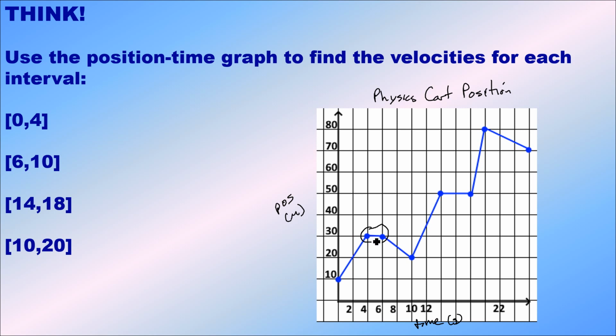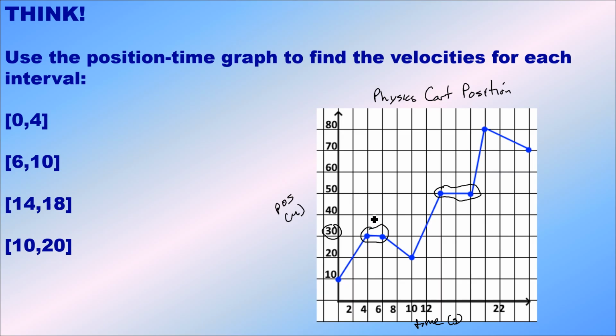You should have said here, and likewise right here, notice the position stays 30. Therefore, the cart is not moving. The same thing's true right here. The cart stopped. These are units of 2 seconds, so for 4 seconds right here the cart is stopped, and for 2 seconds right here the cart is stopped.